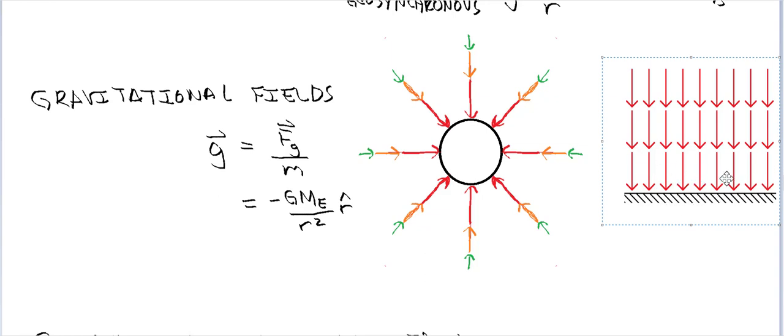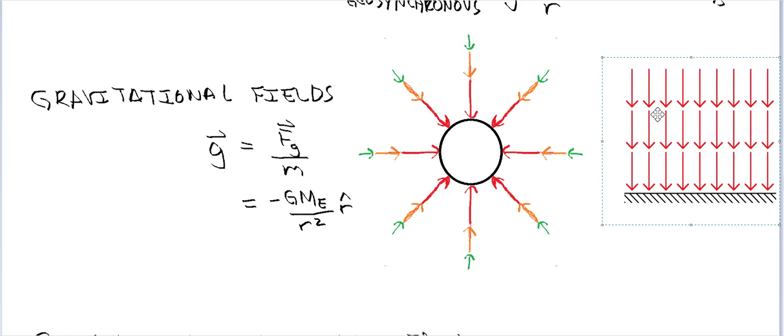And so in our lab, we are looking at such a tiny, tiny little section of the Earth. It really does seem as though the gravitational field points straight down, and is fairly uniform, right?